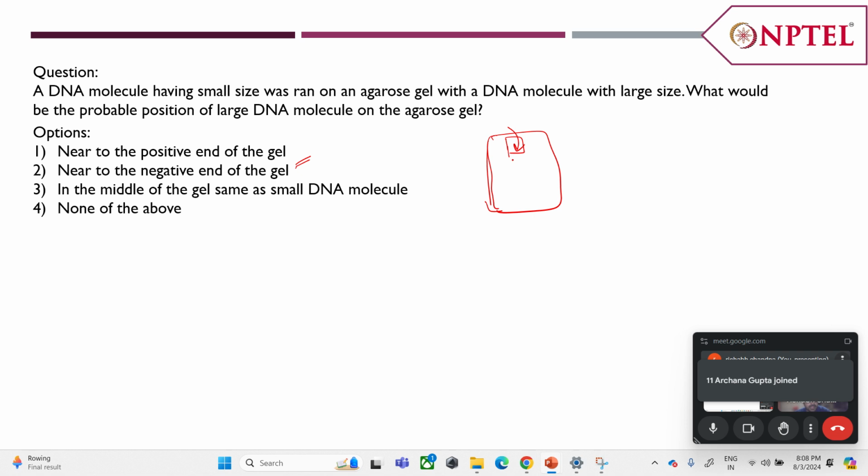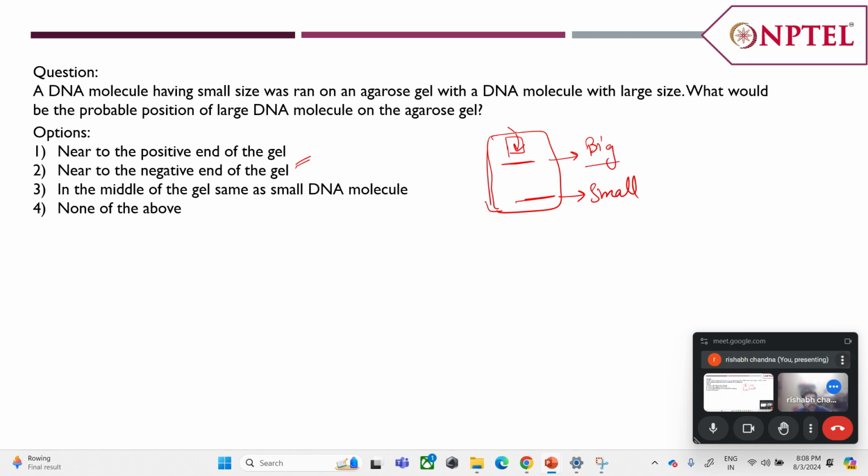The DNA that is large in size would stay near to the well, and the one having the smallest size will move the farthest from the well. So this would be the small molecule and this would be the big DNA fragment.